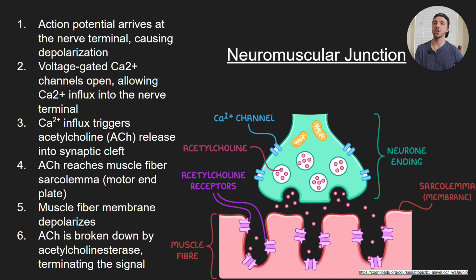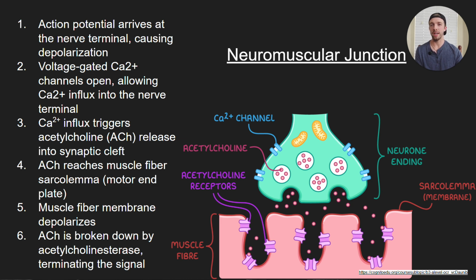When the action potential arrives at the end of our motor neuron, it causes depolarization of that terminal. Voltage-gated calcium channels open on the nerve terminal and allow an influx of calcium ions into the nerve. So calcium is being used again, but this time in the nerve. When calcium levels elevate inside of this nerve terminal, it triggers a release of acetylcholine.